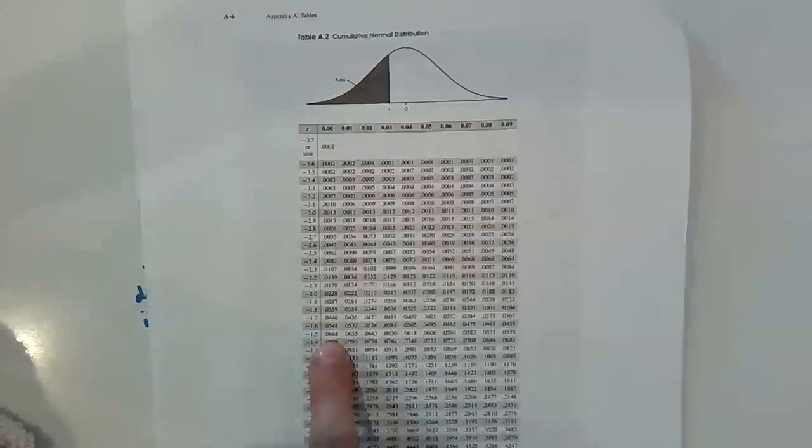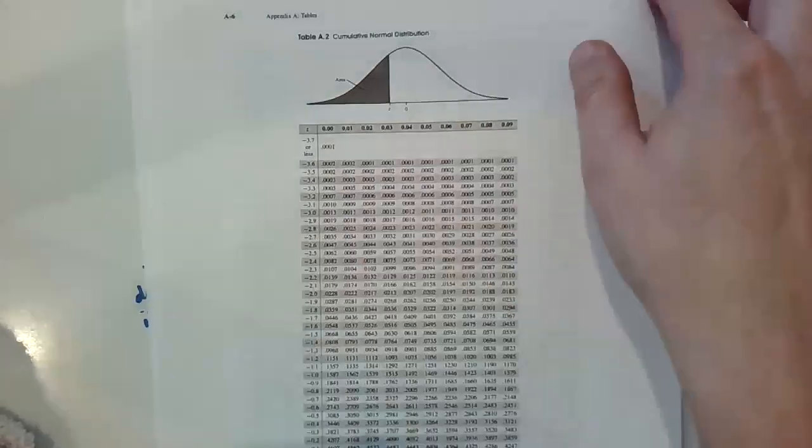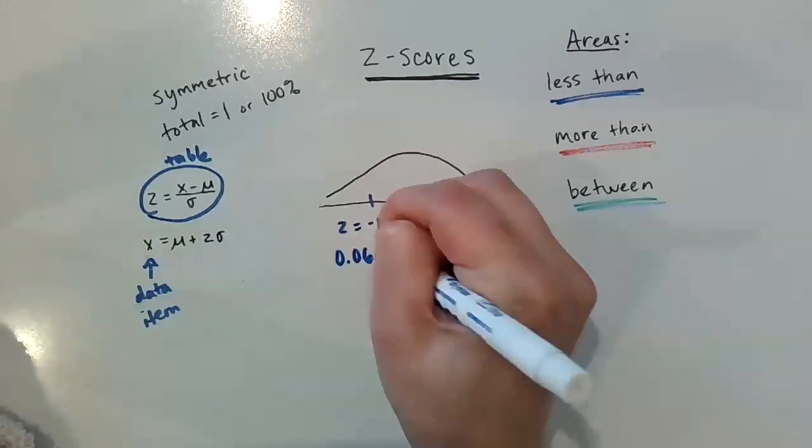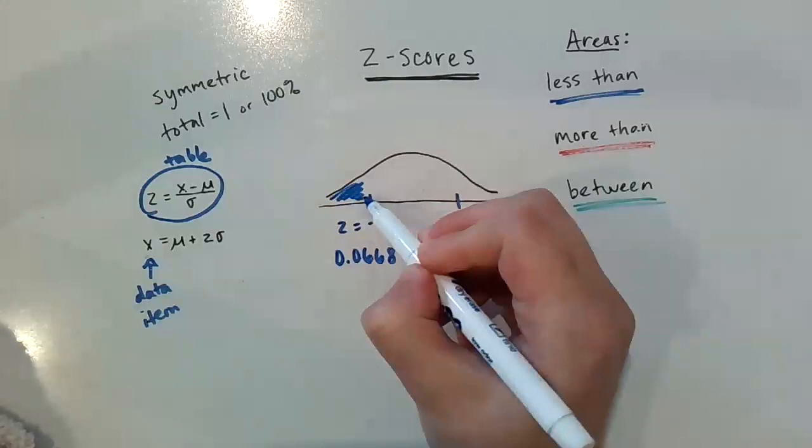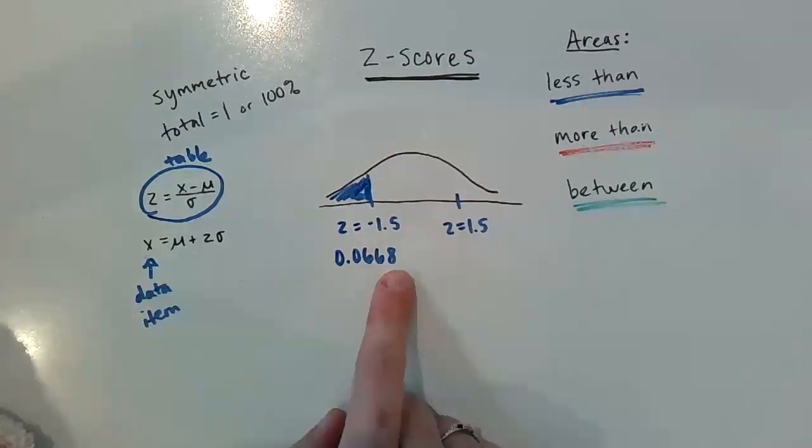So negative 1.5 is right here, 0.0668. So that tells me the area to the left is 0.0668. Okay. Now, if I look up my z-score for 1.5, 1.5 is 0.9332.